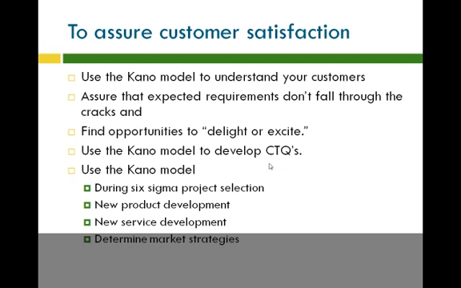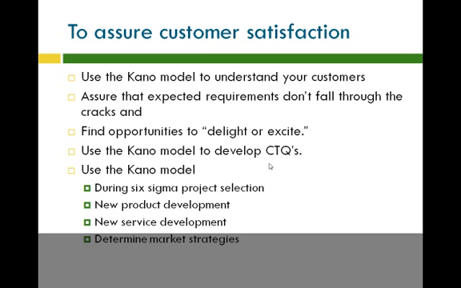You use the Kano model to understand your customers. You use the Kano model to try to find opportunities to delight your customers. You make sure that expected requirements don't fall through the cracks and that you keep track of them. And you can use the Kano model to develop CTQs, critical to quality characteristics.